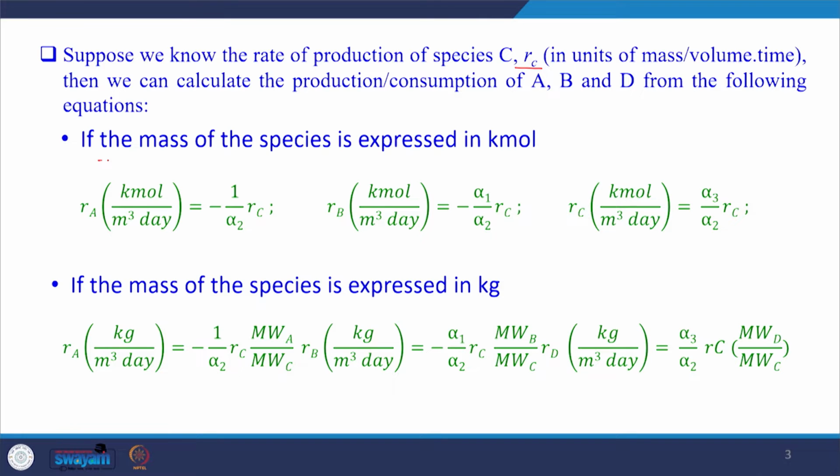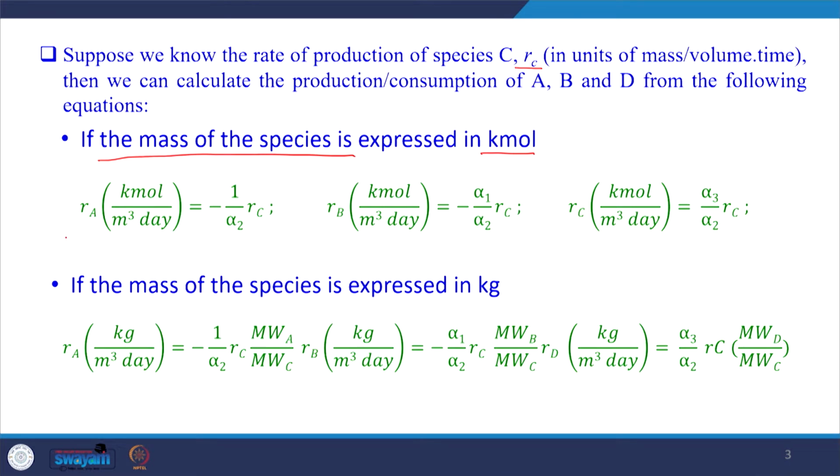If the mass of the species is expressed in kilomole, that means we are using the molar concentration, then the rate with respect to A, Ra, can be found out from Rc via this equation, where 1 by alpha 2. Similarly, for Rb we can find out using minus alpha 1 by alpha 2. So, we use the ratios of both B as well as C for finding out these parameters. Similarly, for Rc also we can find out.